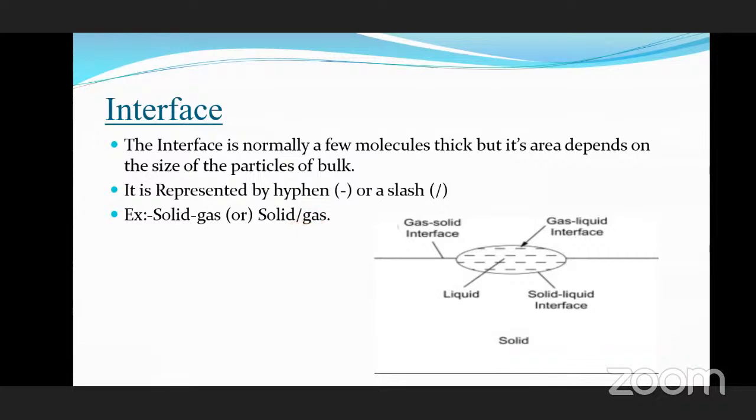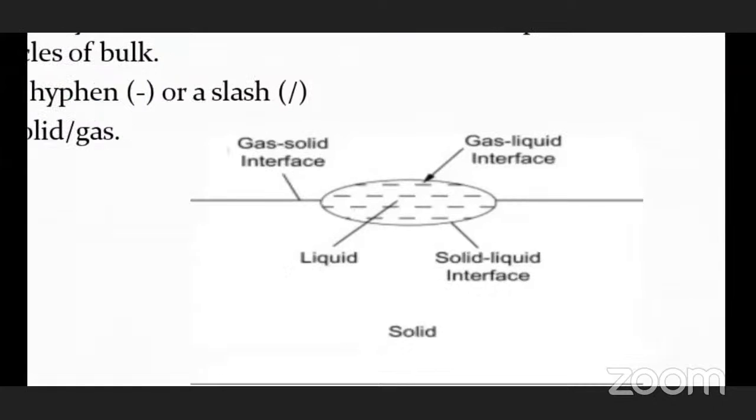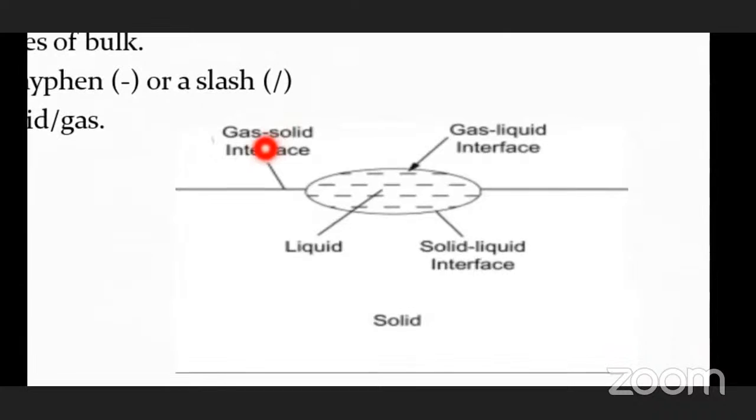Here I will provide one example in the diagram. This region is the gas region, this region is the solid region, and this region is the liquid region. The gas interacts with the solid, so this is called the gas-solid interface.